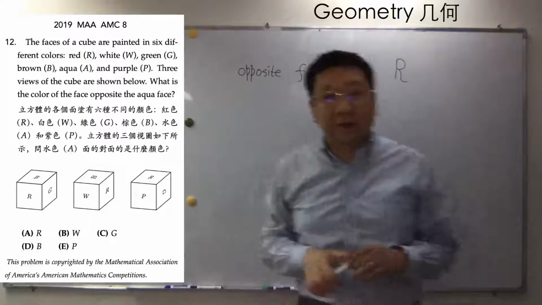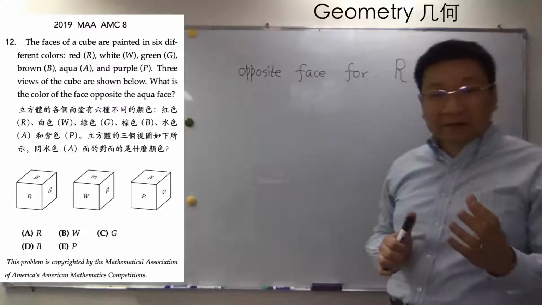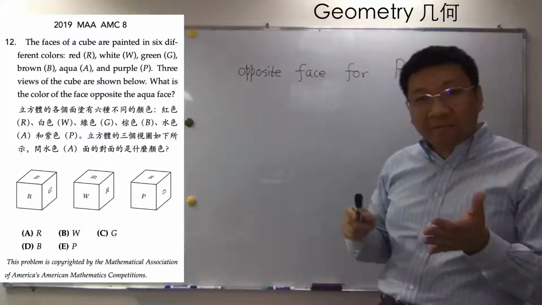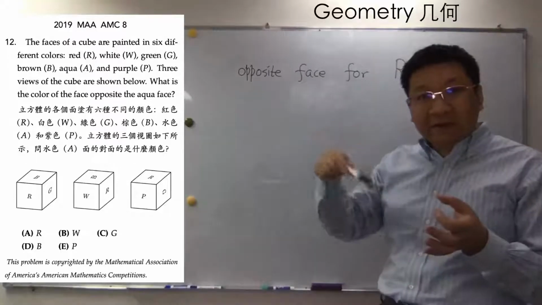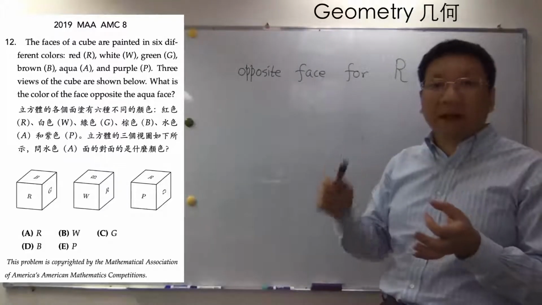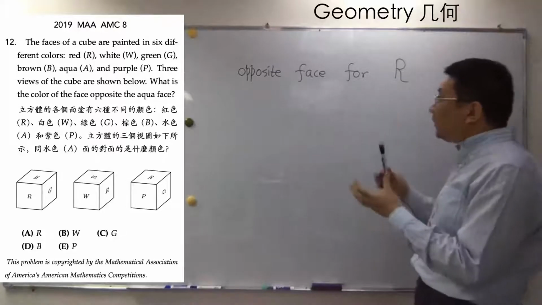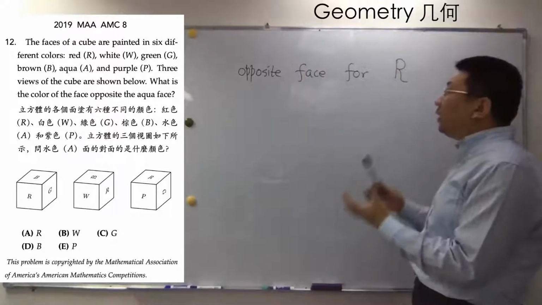Why can we solve this question? Because all these three pictures show many faces that are next to red, but not opposite to red. So in order to find this answer, we know there are many choices that are not possible.